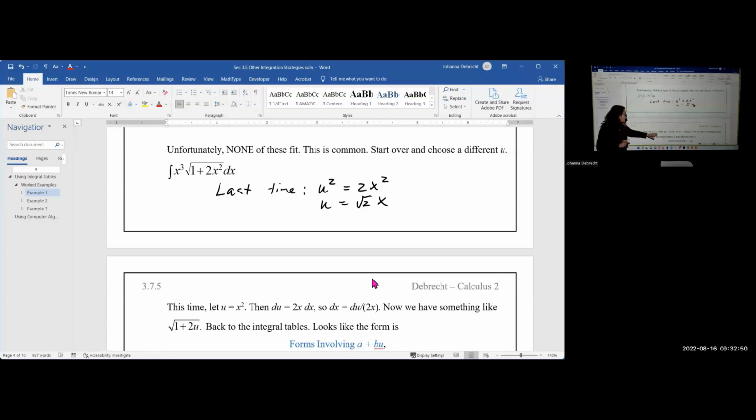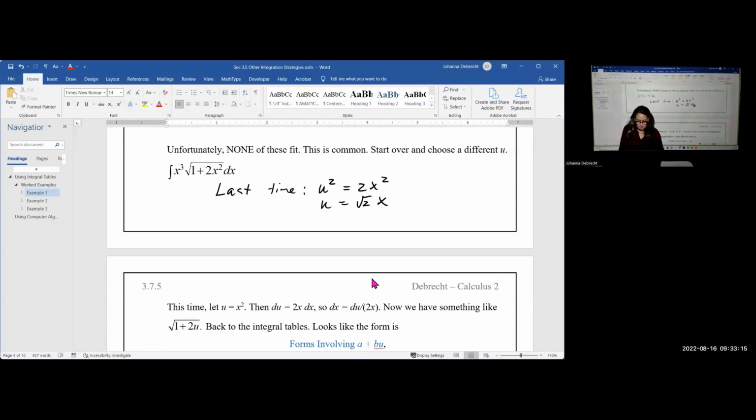Well, if that's the case, then I could solve for x if I wanted to, and x would become the square root of u, right? I can also take the derivative of both sides, and that will give me du is equal to 2x dx. So then I can solve this for the differential dx, which gives me du divided by 2x.